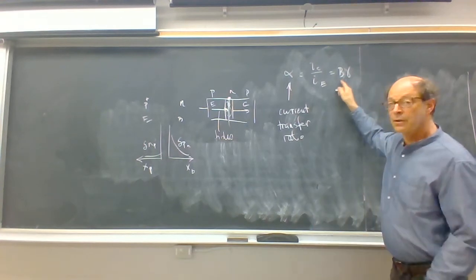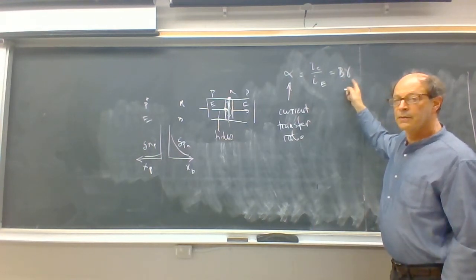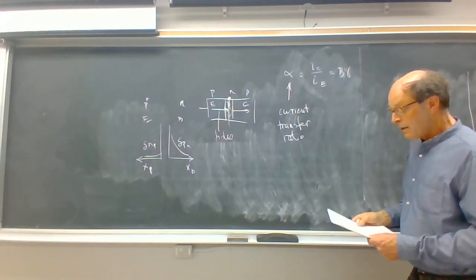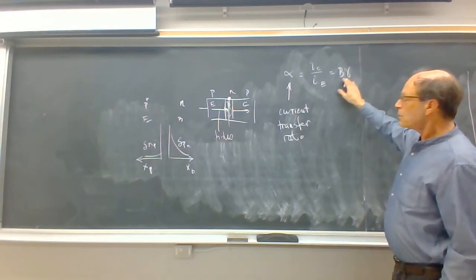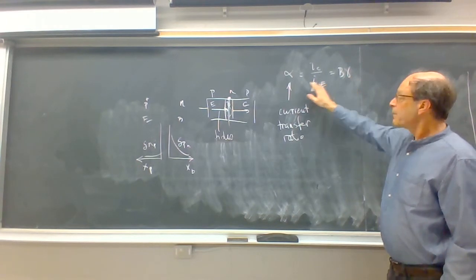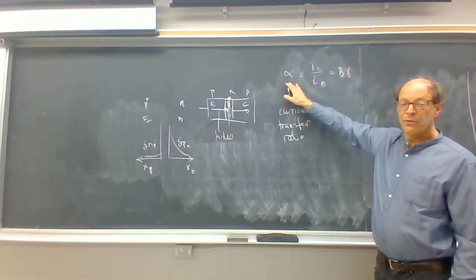So it's now the product of the base transport factor times the emitter injection efficiency. And so if each one of these terms approaches 1, then alpha can also approach 1.